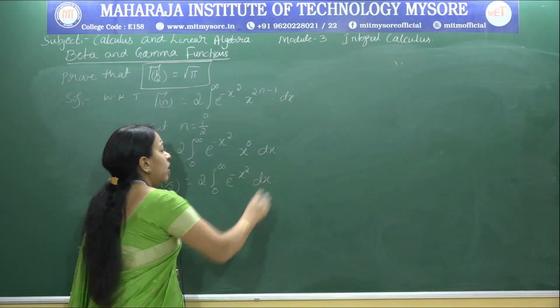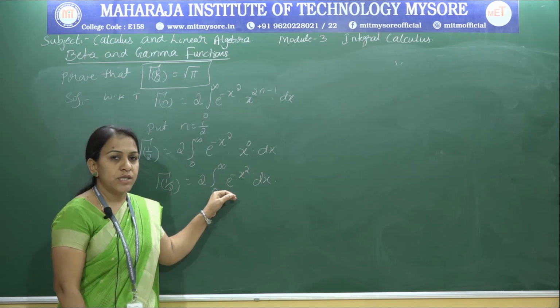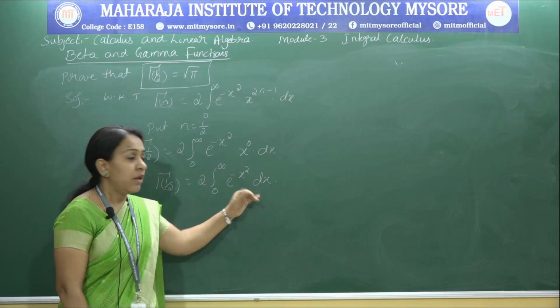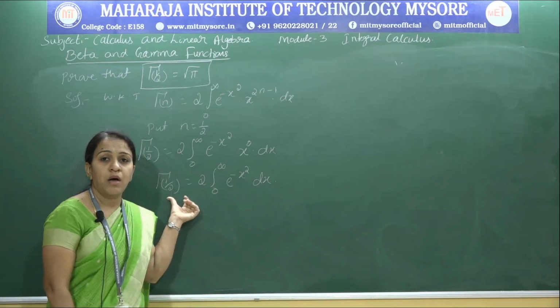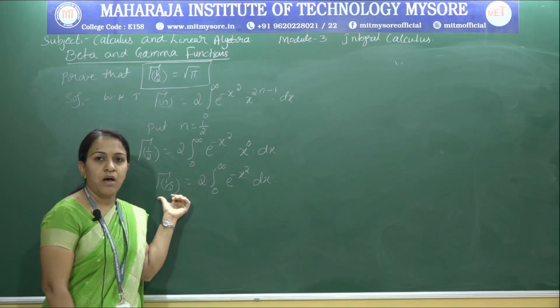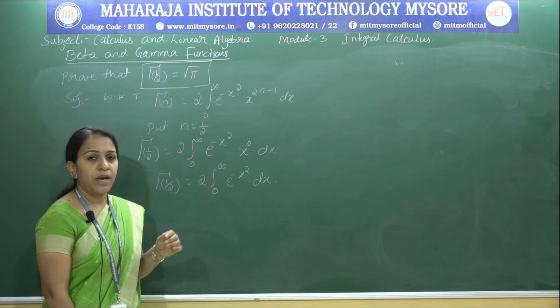Of course, now you can't integrate this directly. Remember this step, we are going to use this. Whenever we have integral 0 to infinity e power minus x square dx, this can be replaced in terms of gamma 1 by 2, that is 1 by 2 times gamma half, and of course we are going to prove gamma half as root pi, right.